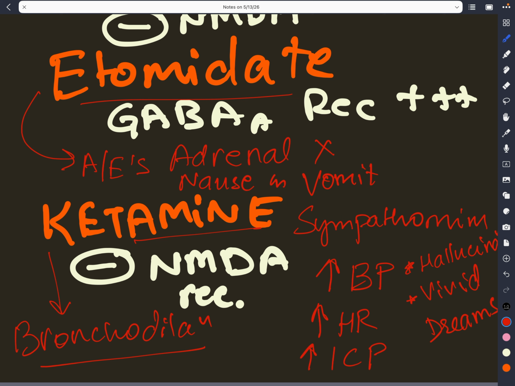So ketamine can cause sympathomimetic adverse effects like increased blood pressure, heart rate, and ICP, as well as hallucinations, vivid dreams, and bronchodilation. What is the mechanism of action of ketamine? It inhibits the NMDA receptor. That's the end of all anesthetic drugs.